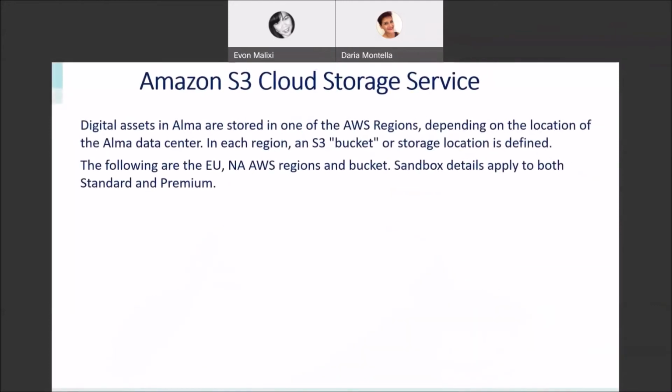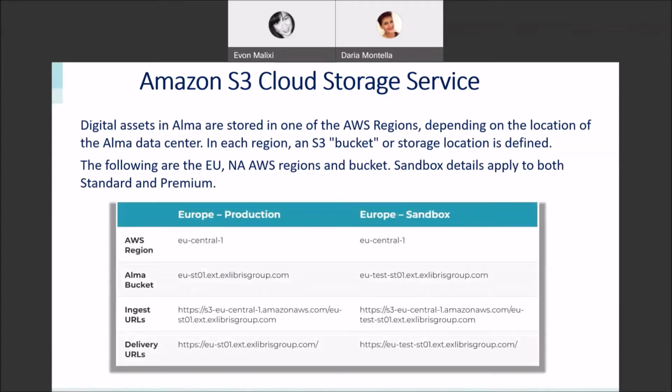The digital assets in Alma are stored in one of the AWS regions. We have the European, the North America, and the APAC regions, depending on the location of the Alma data center. In each region, an S3 bucket or storage location is defined. Following here are the European, and later on you'll also see the North America AWS regions and bucket.